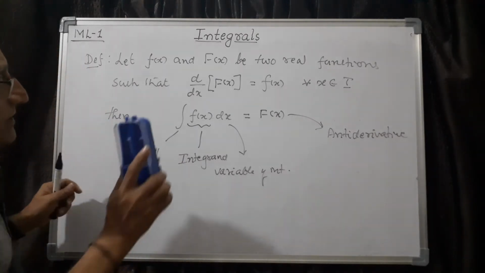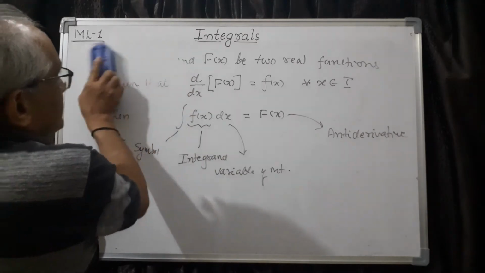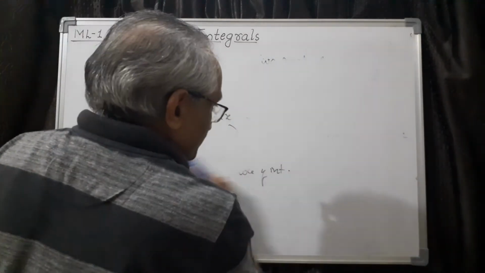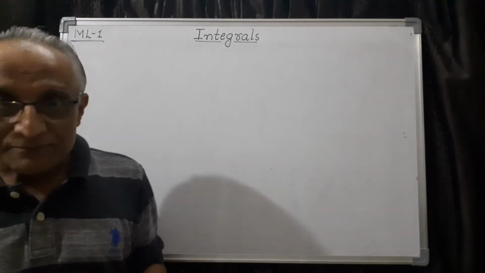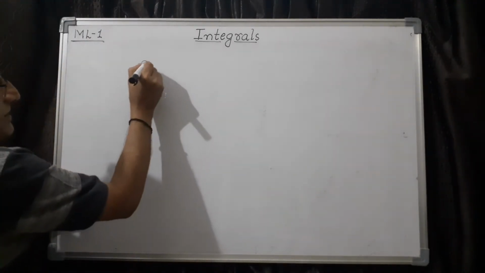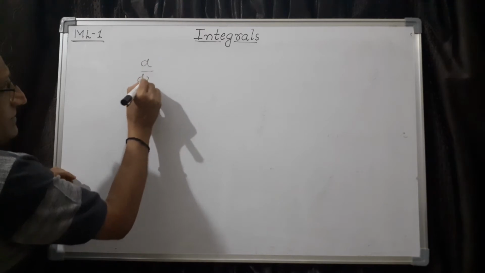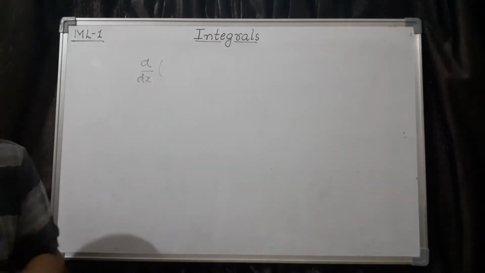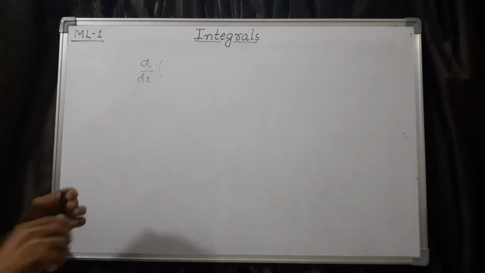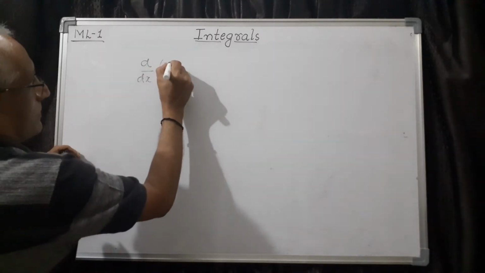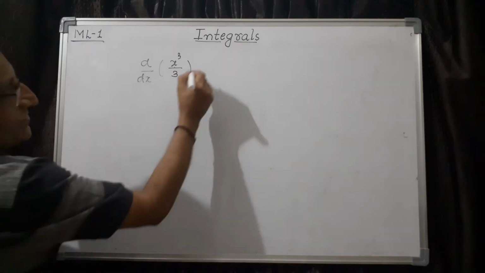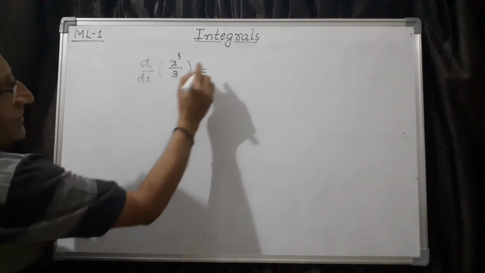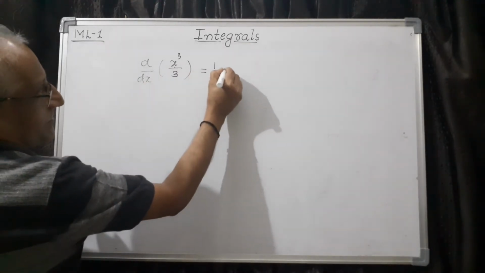Now let me give a few more examples so that this idea will be clear. Because we are beginners, you can take, for example, d by dx of x cube divided by 3. Now we know 1 by 3 is a constant and comes out.